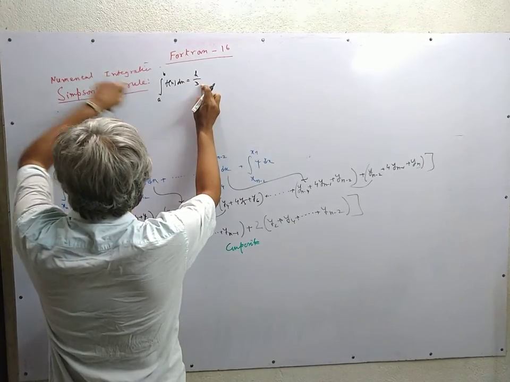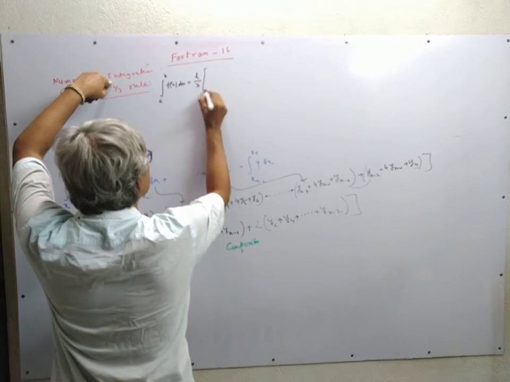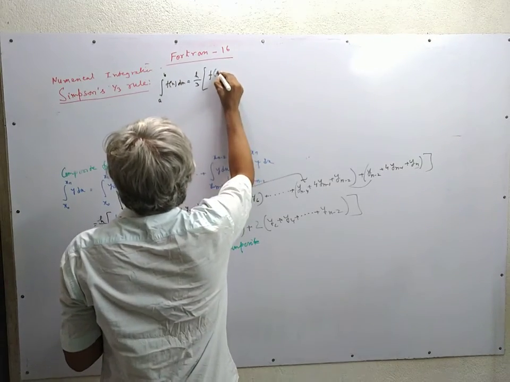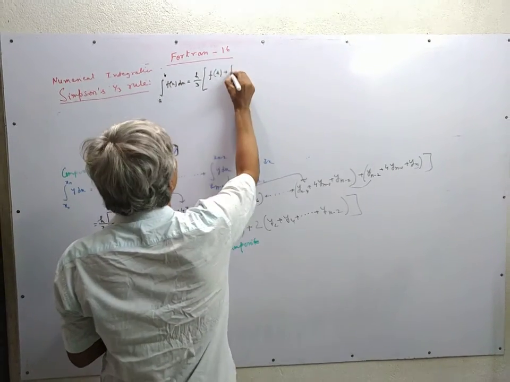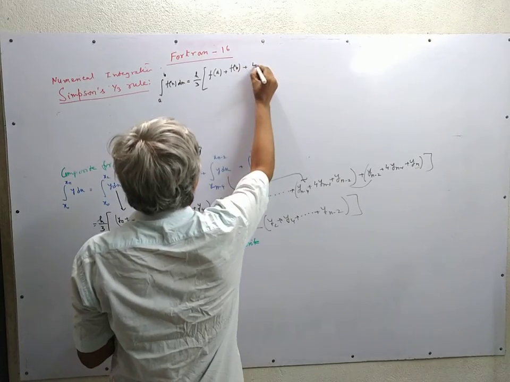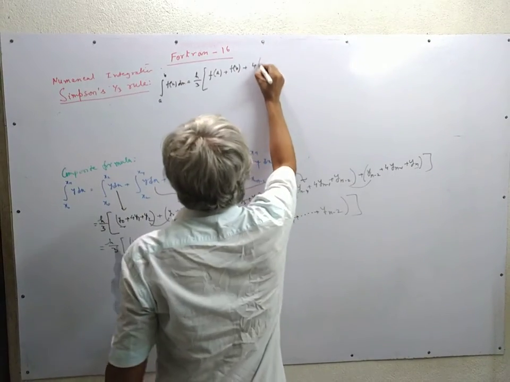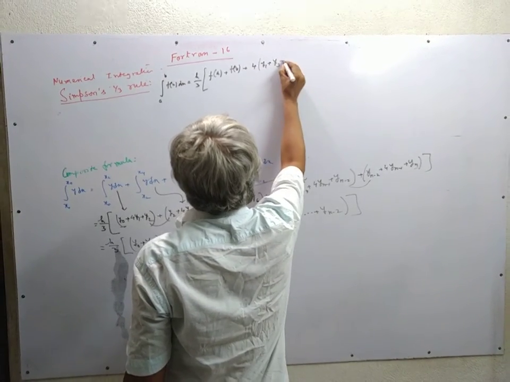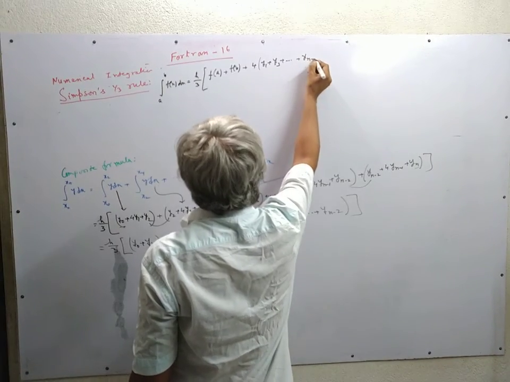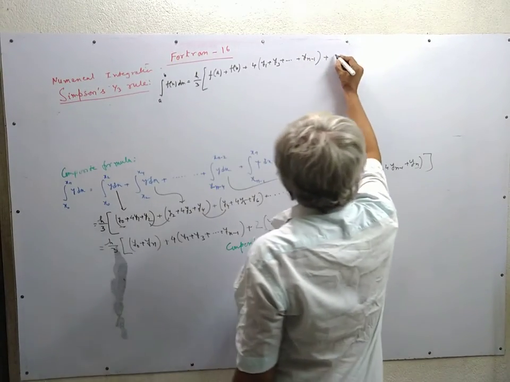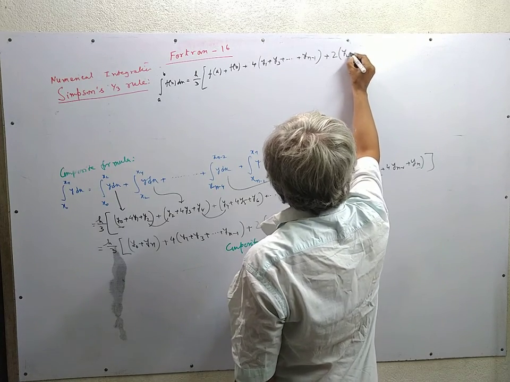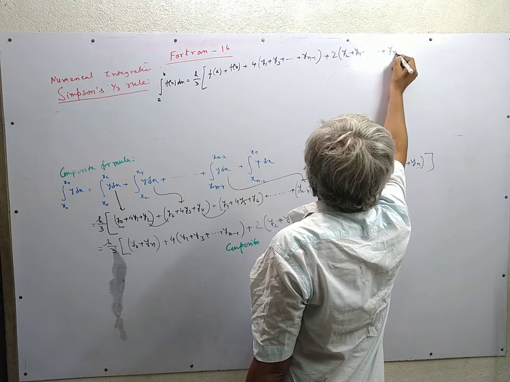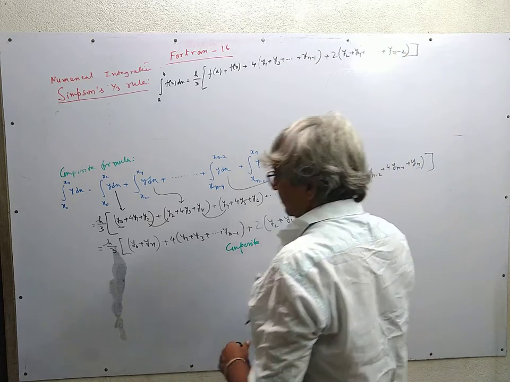This 1/3 is the reason for writing it as this. y0 is actually f of a, yn is f of b, plus 4 times the odd terms y1, y3 ending up at yn minus 1, and 2 weightages given to the even terms starting with 2, 4 and ending at n minus 2. This is the formula.